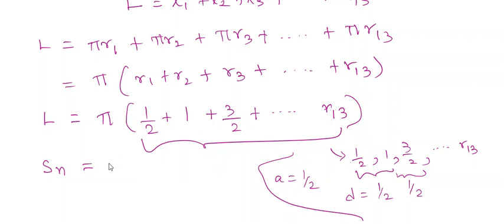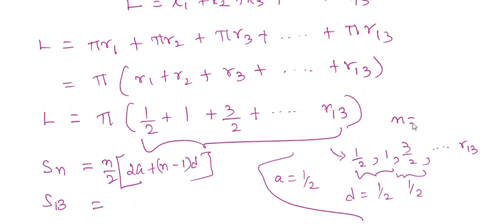So Sn, what is the formula? n by 2 into 2a plus n minus 1 into d. Okay, so we have to find out S13, because it is given as 13. So we know very well 13 semicircles, they are clearly indicated.